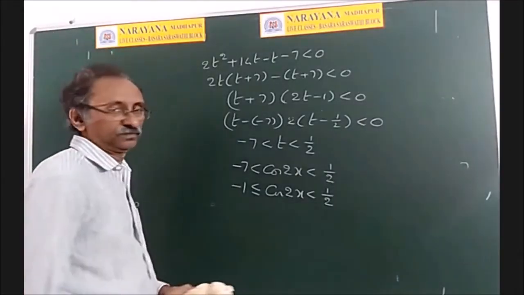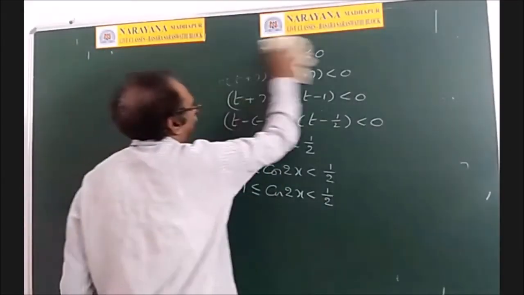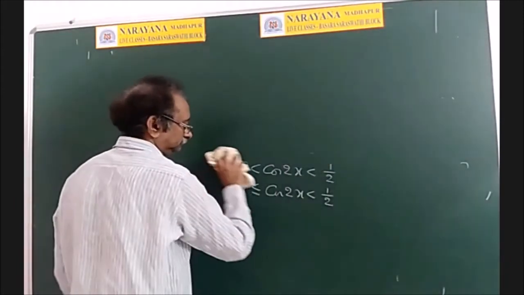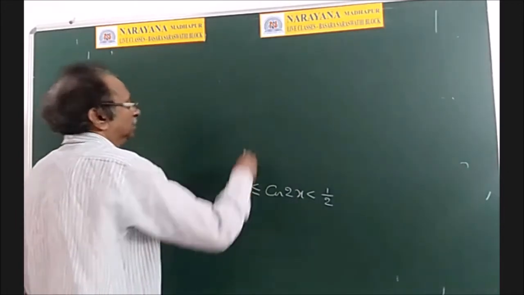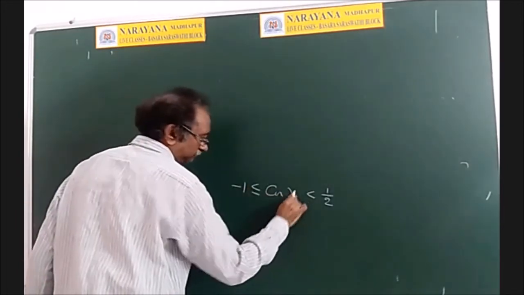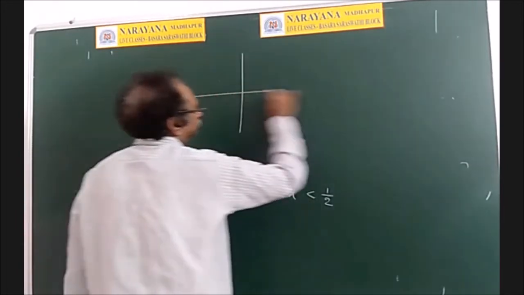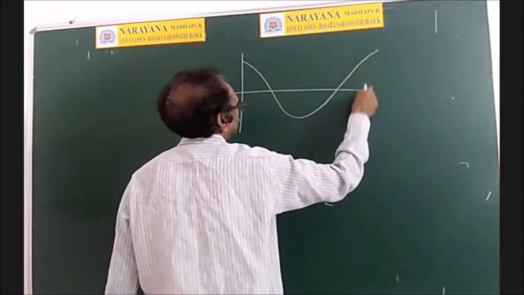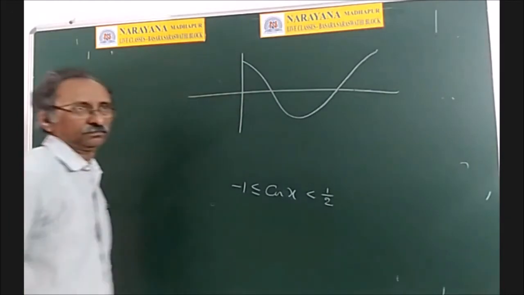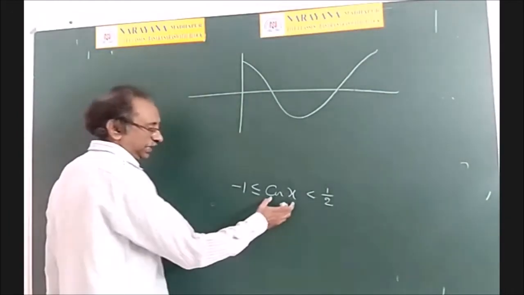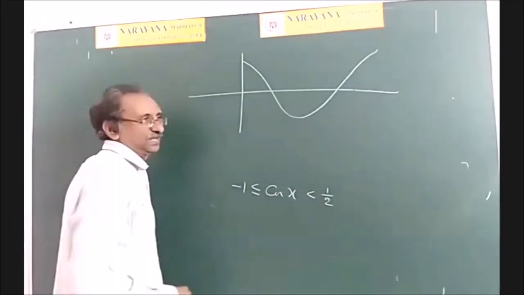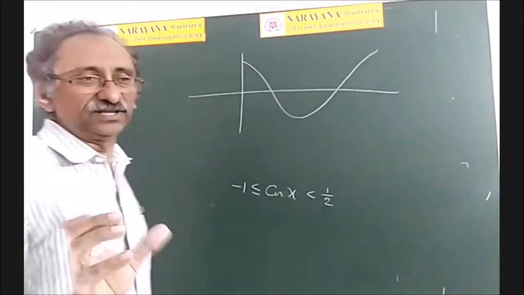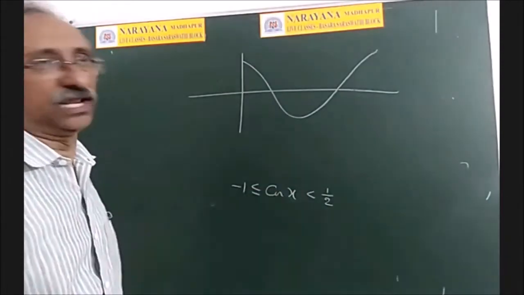Okay. Right. And now we will draw the graph of cos 2x. Suppose this is x only, then what we have to do? What is the graph of cos x? It is like this. So cos x must lie between -1 and 1/2, so it cannot be greater than half.